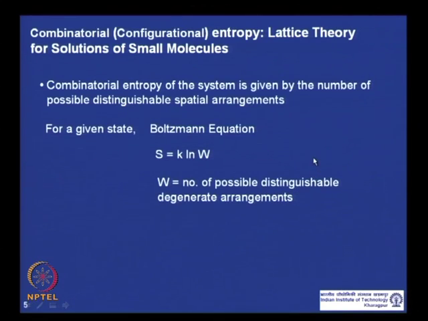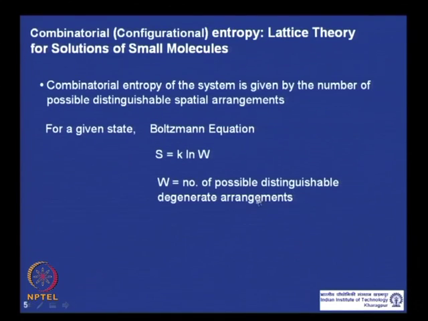All the arrangements you make by changing the position of the molecules have to be distinguishable and they have to be of the same energy, because in the case of an ideal solution, the interaction energies are the same between like and unlike molecules. So, if you interchange solute and solvent molecules, they will produce degenerate arrangements.